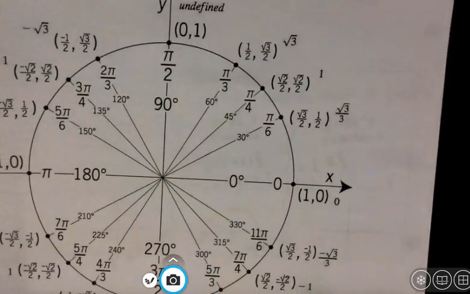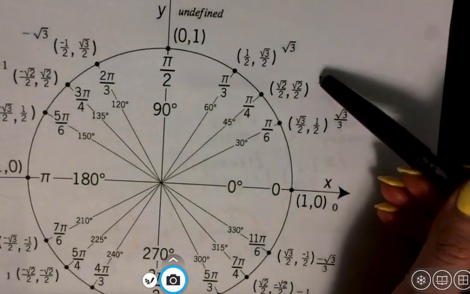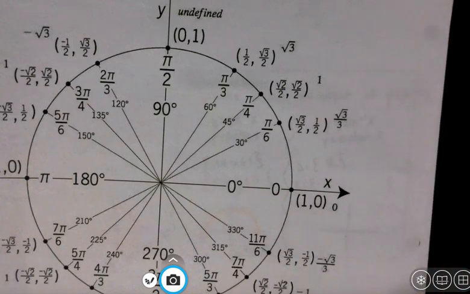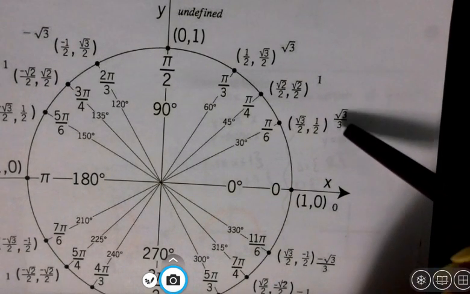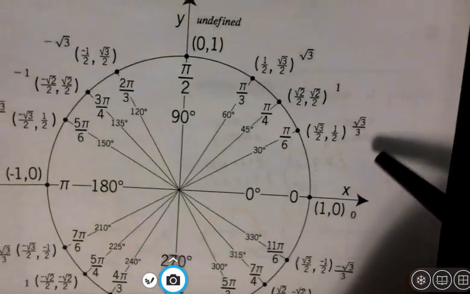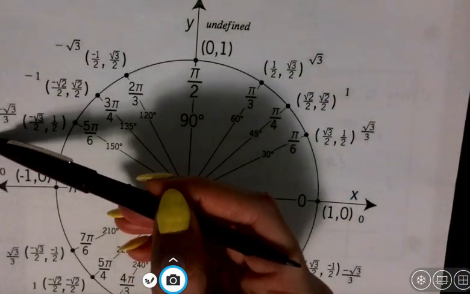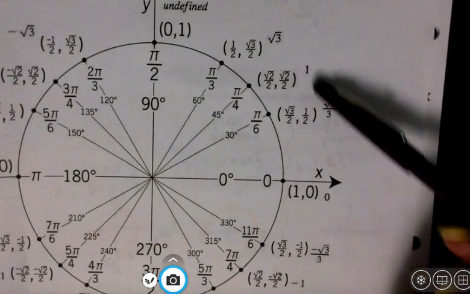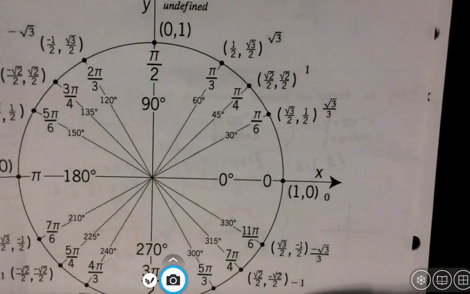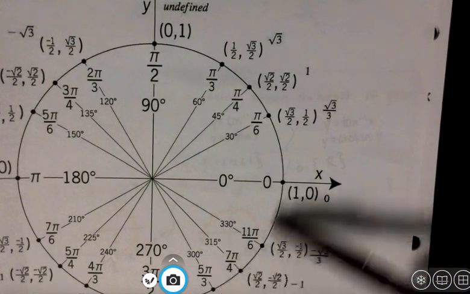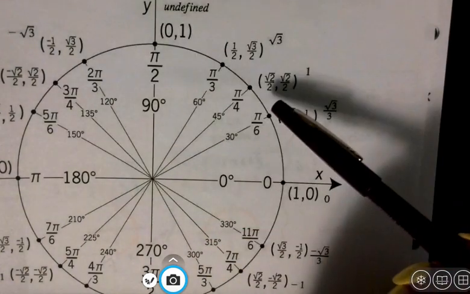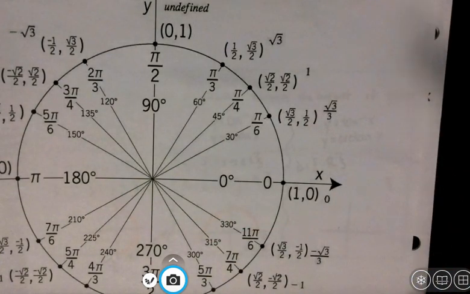For tangent, we're looking at the outer values, so I want to look and see when are they duplicates. So quadrant 1, they're all positive, and if I go to quadrant 2, they're negative. If I go to quadrant 4, they're negative. And so it looks like I could do either the right side or the top, but that is not the case.